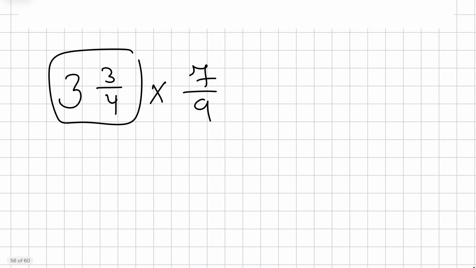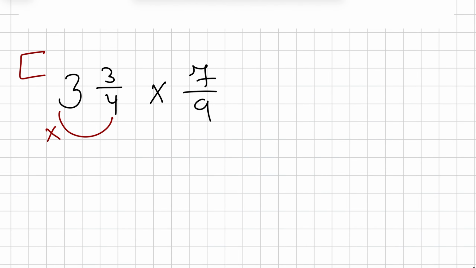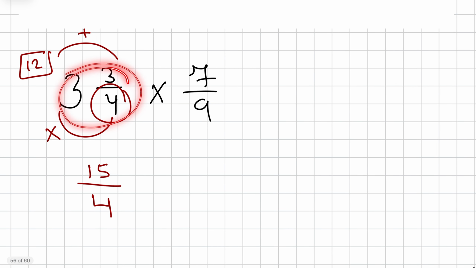So what we do, very good, I think you said it: you multiply, then you add. 4 times 3 is 12. 12 plus 3 is what, guys? It is going to be 15. And of course, the denominator stays as it is, 4. Now this is equivalent to the mixed number. And we multiply by 7 over 9.